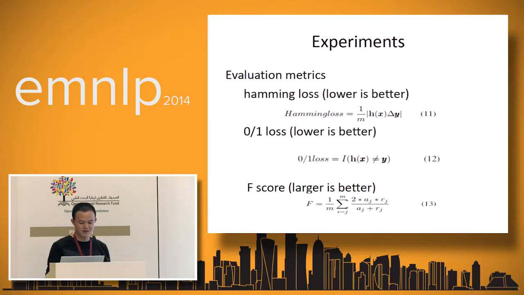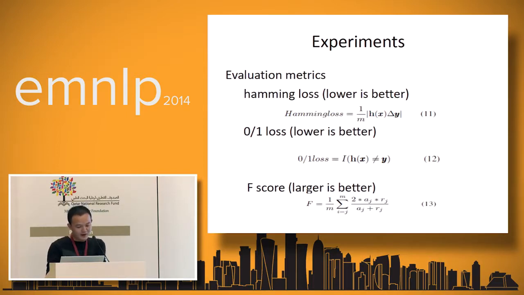First one is Hamming loss. The lower is better. H(x) means the predicted label vector, and Y is the true label vector. Their symmetric difference is the Hamming loss.